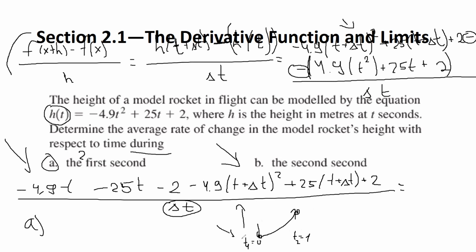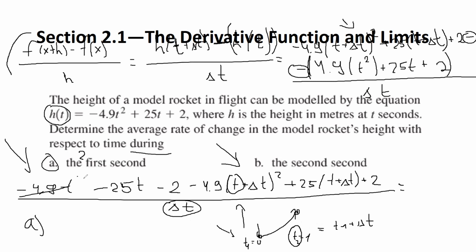Remember, t in this equation is going to be the starting point. T plus delta t is gonna be t2. This is t1 plus delta t. Now you substitute t1 equals 0 in this formula, and look at the magic.